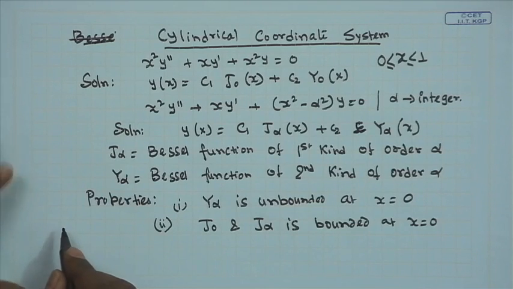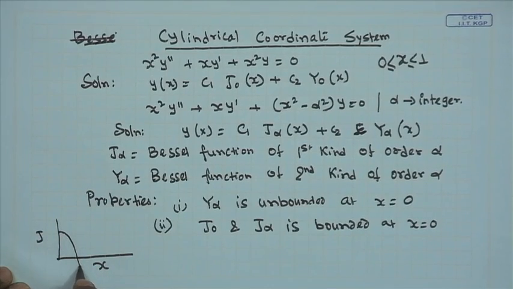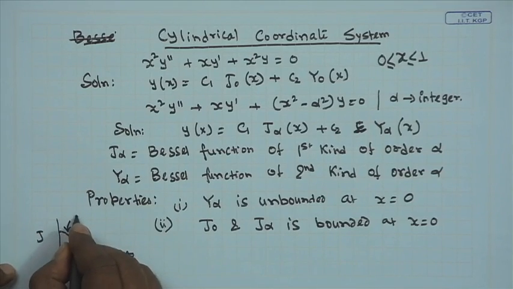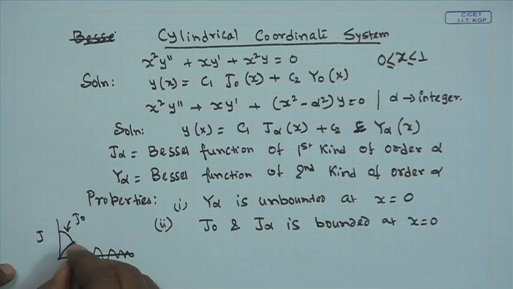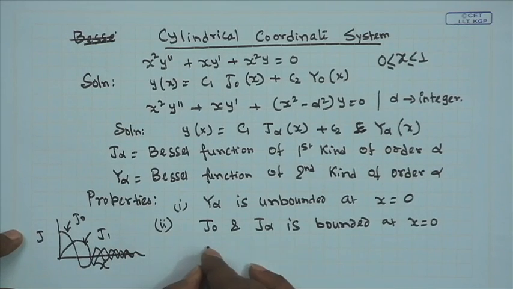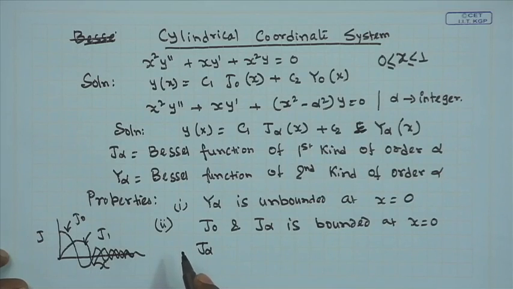That means, if you plot J0 or J alpha as a function of x, this will be the plot of J0 and this will be the plot of J1. That means, in general J alpha will be oscillating about the x axis n number of times.